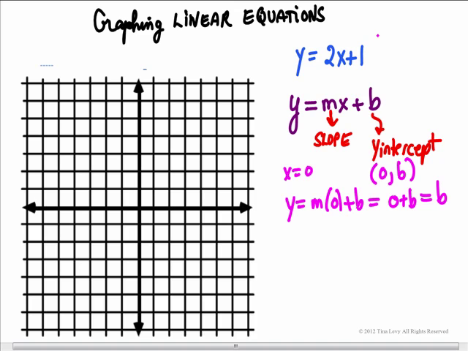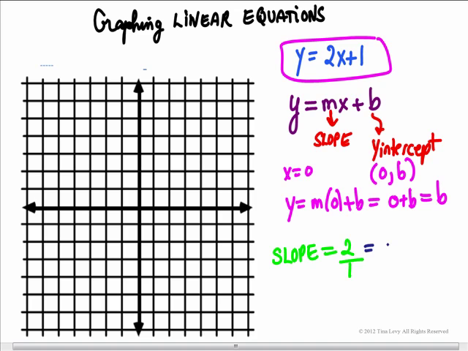We're now going to graph y equals 2x plus 1. We identified that the slope of that line is 2, which we can write as 2 over 1. That's going to be helpful because it's the up-to-over ratio.